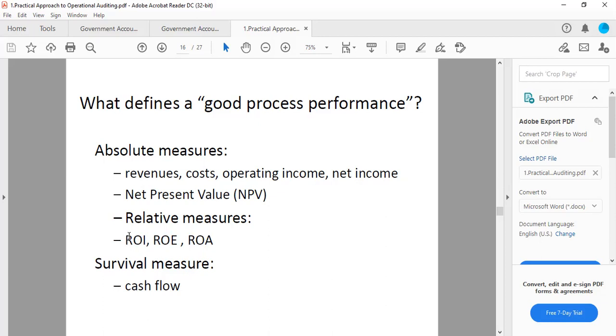The R's here are the returns, the O's are ROs: return on investment, return on equity, and return on assets.